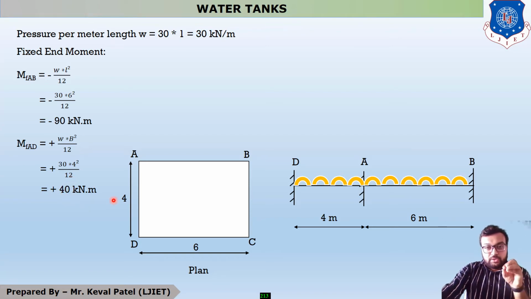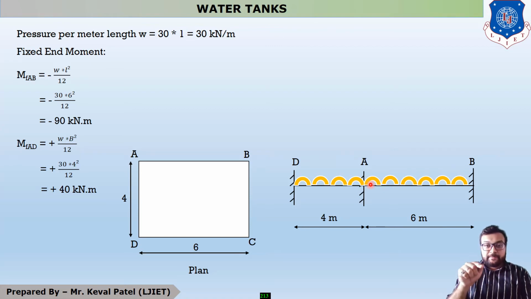Now you all know that whenever you have to design any junction, your junction must be in balance. So you can see that at junction A, the 90 moment is considered as anti-clockwise, because your 90 will have a negative sign, considered for anti-clockwise moment.